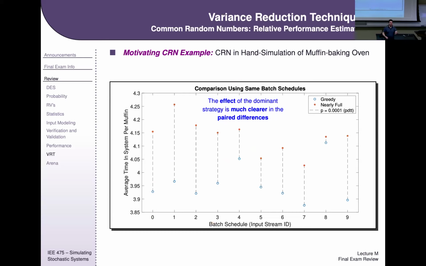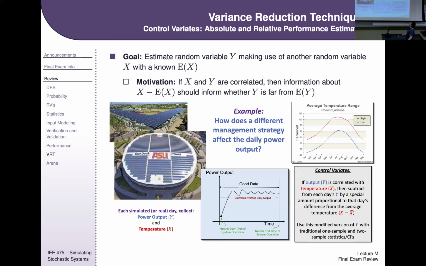And each random number seed corresponds to like a different set of inputs. So I'm saying for this input, I run two models. For this input, I run two models, and so on. And then by looking at the differences there, I get a better idea of what's truly different between the models and not just between the inputs. That's the idea behind common random numbers.